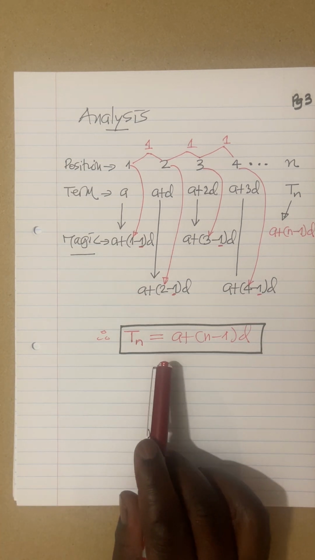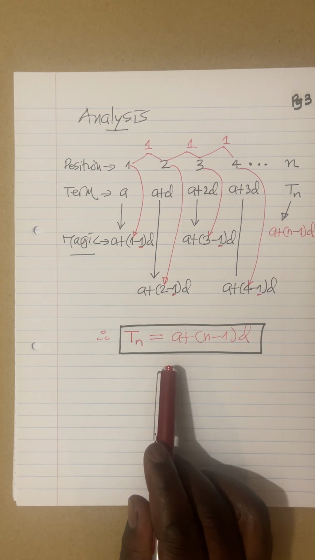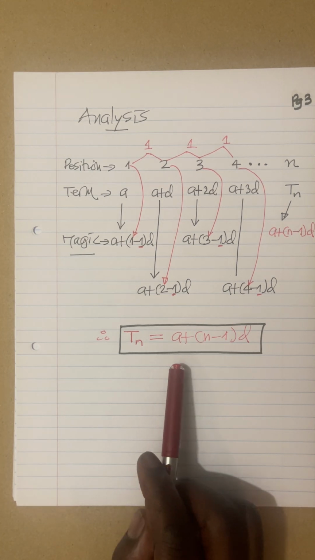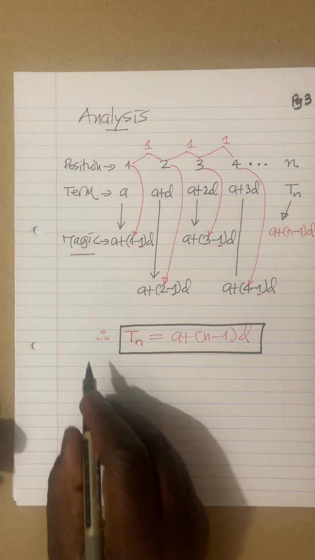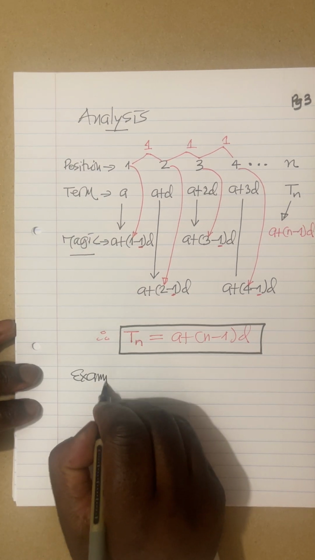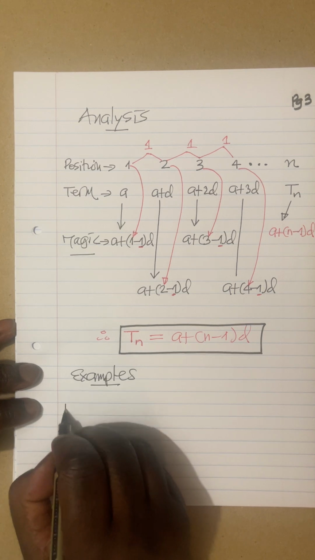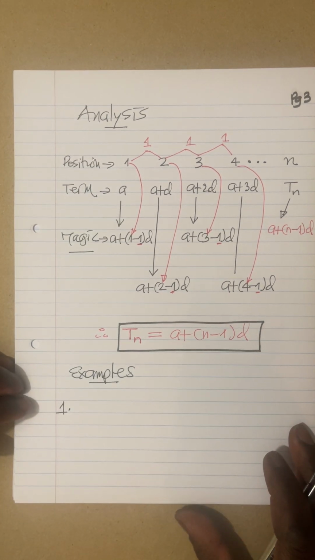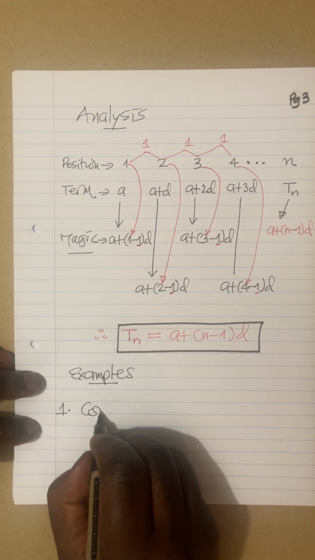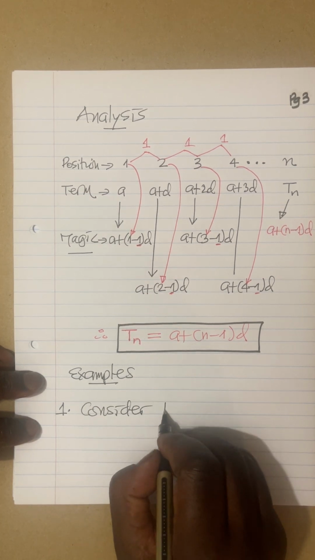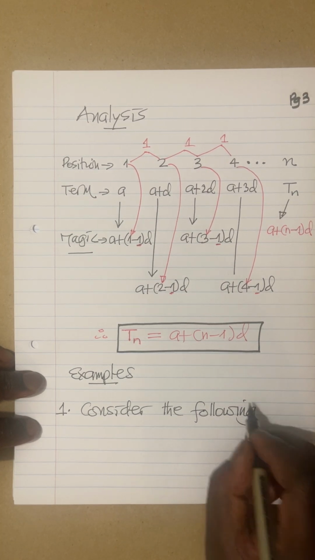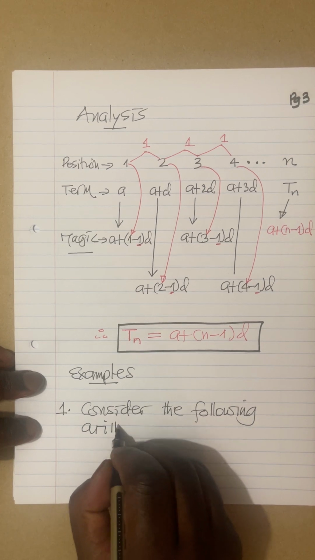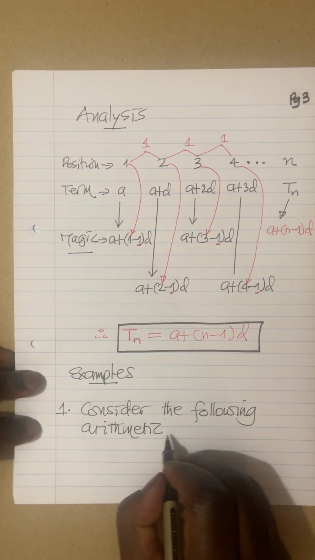Now I want to look at examples applying this nth term formula so that we understand how to apply it. I'm going to look at just maybe two examples. Let's look at examples here. Number 1, consider the following arithmetic sequence.